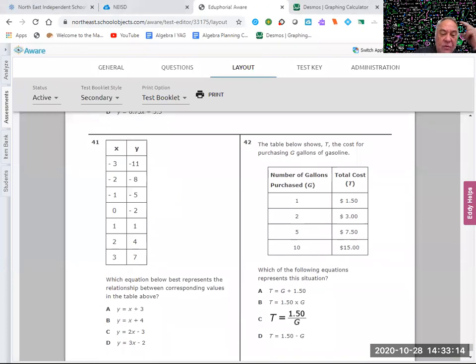And 41, 42. Again, another table here for 41. Now, I'll give you a hint. The y-intercept is always when x is equal to 0. So if you look at this table on the right here, when x is equal to 0, that's the y-intercept.